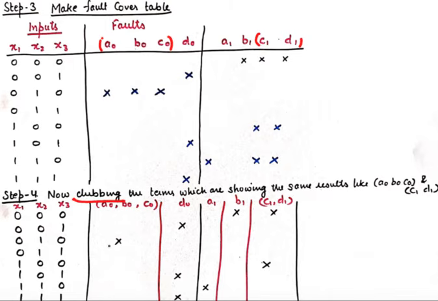A stuck at 0, B stuck at 0, C stuck at 0 is causing trouble here for 0, 1, 0, and none of the others are causing trouble. But still, we need to check 0, 1, 0 because it can give me a faulty output when A is stuck at 0, B is stuck at 0, and C is stuck at 0. So 0, 1, 0 becomes my essential input combination that needs to be checked.